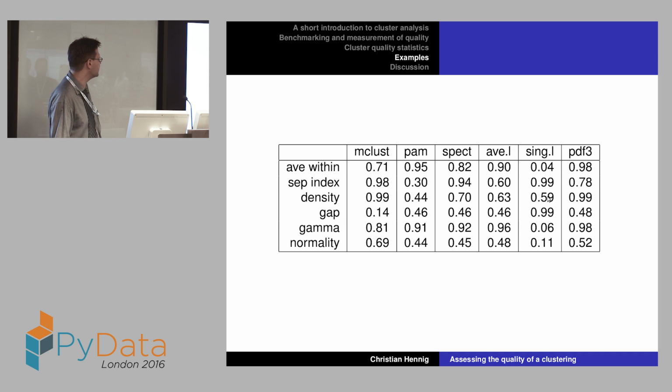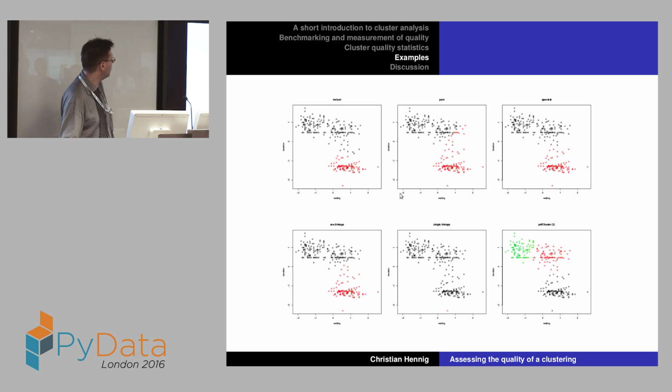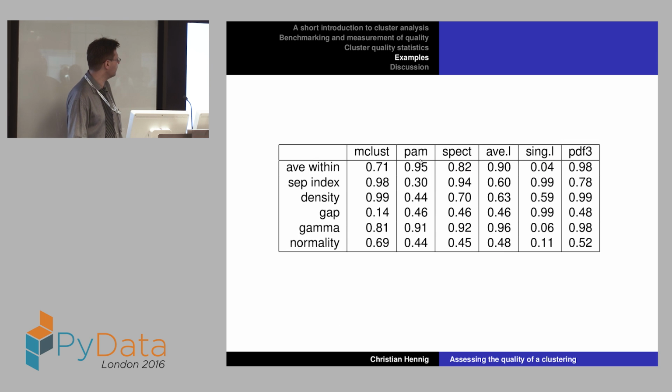When it comes to the density index, the representation of the information of the dissimilarities in the clustering is also quite bad. And here what you should expect, the one from the Gaussian mixture is best when it comes to normality, normal distributional shapes of the clusters. All the others don't do such a good job on this.